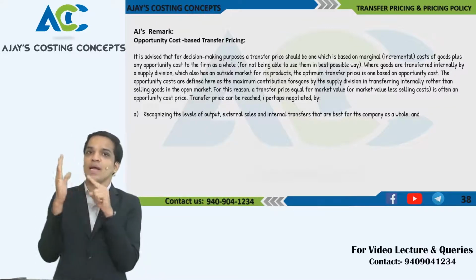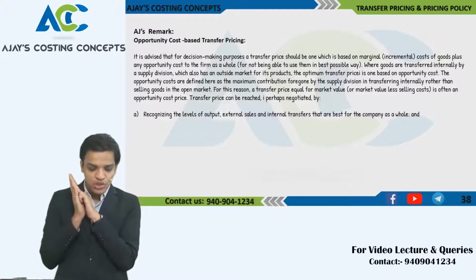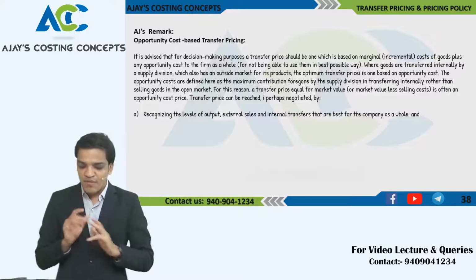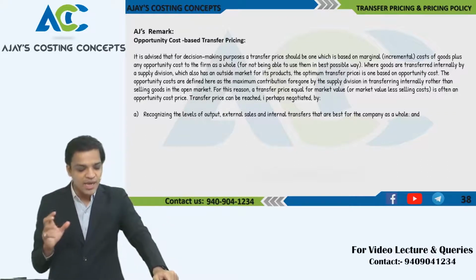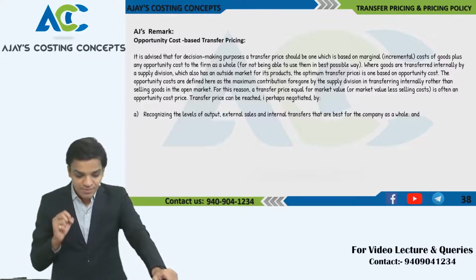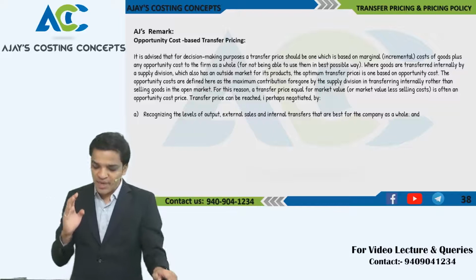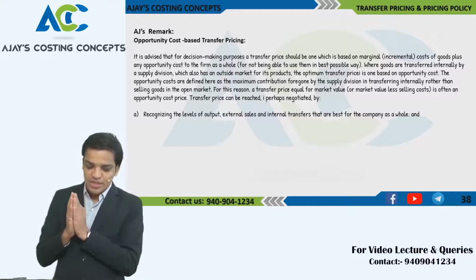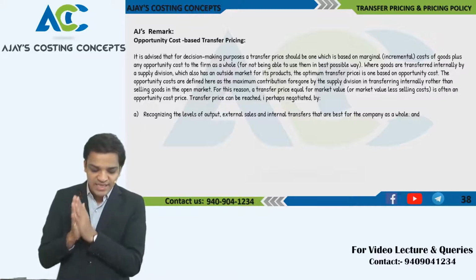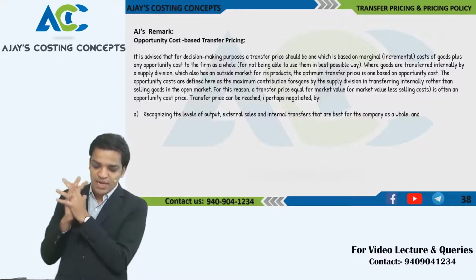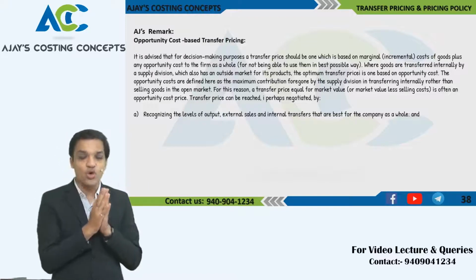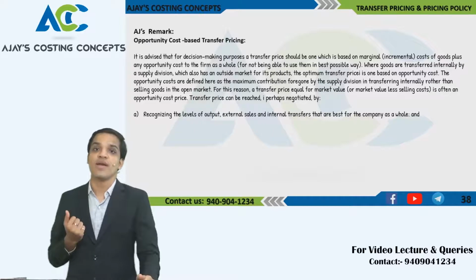So marginal cost plus the opportunity cost of the goods as a whole for not being able to use them in the best possible way. Where goods are transferred internally by a supply division which also has an outside market for its product, the optimum transfer price is one based on opportunity cost. The opportunity cost is identified here as the maximum contribution foregone by the supply division in transferring internally rather than selling goods in the open market. So this is the situation I was explaining.